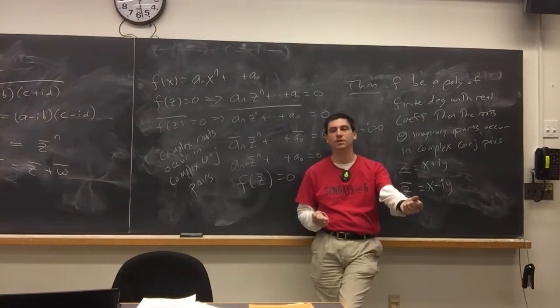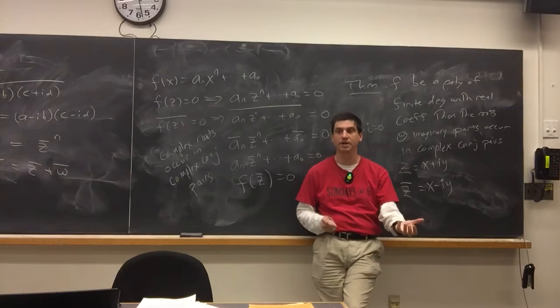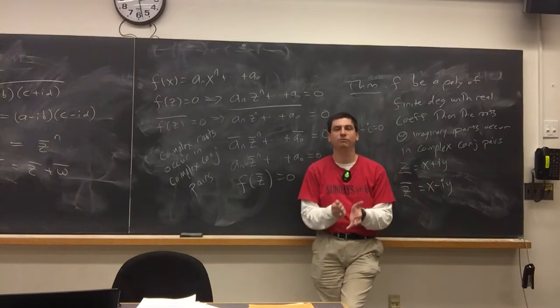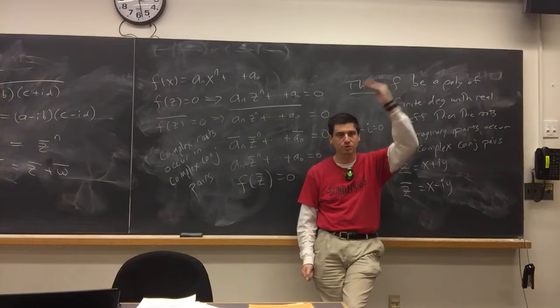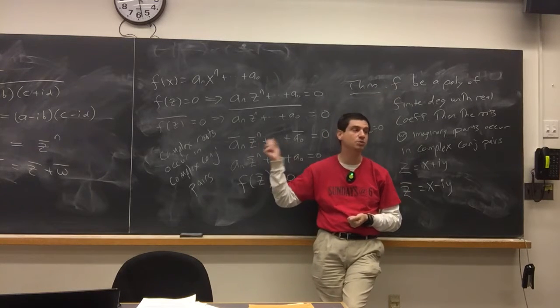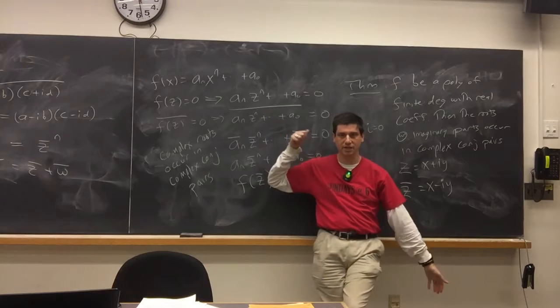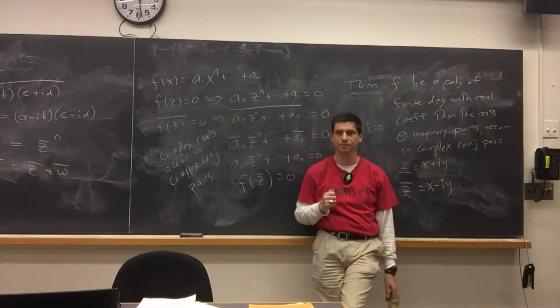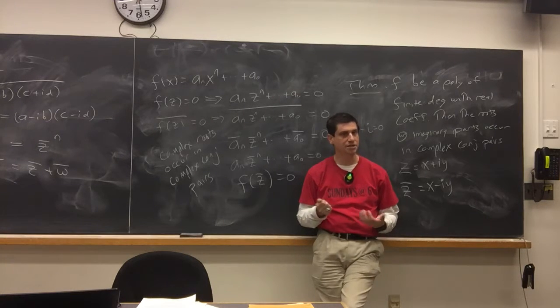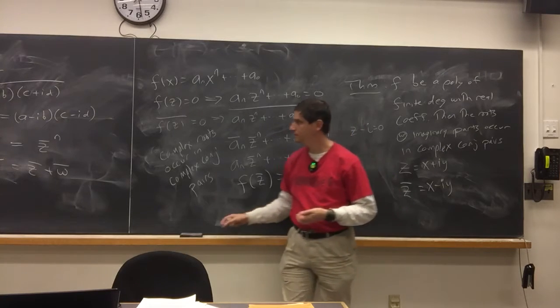Or if I have one root with an imaginary part, then its complex conjugate must also be there, and then I would only have one real root. So I have 3 real roots or 1 real root, and that's it. And I know I must have at least 1 real root because I start off at negative infinity and end at positive infinity. So we know that there aren't that many possibilities. This is going to be extremely useful in trying to understand what's going on with an elliptic curve.